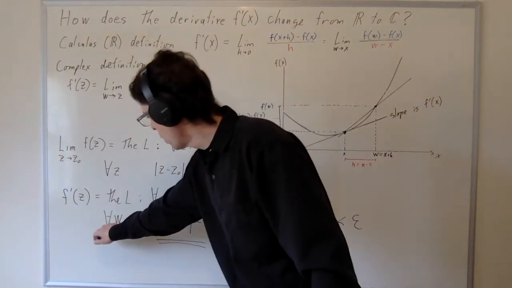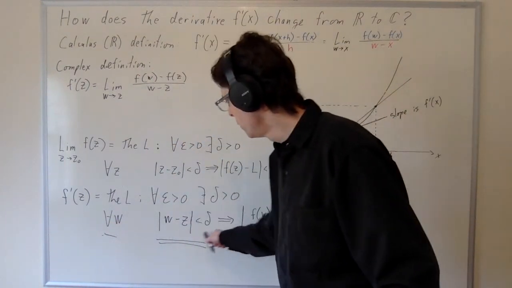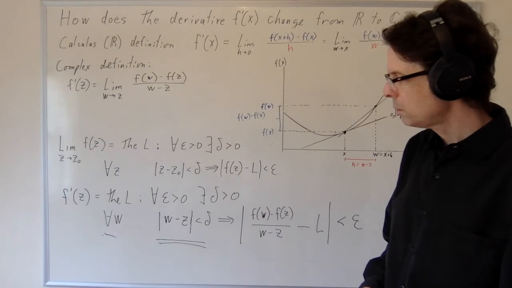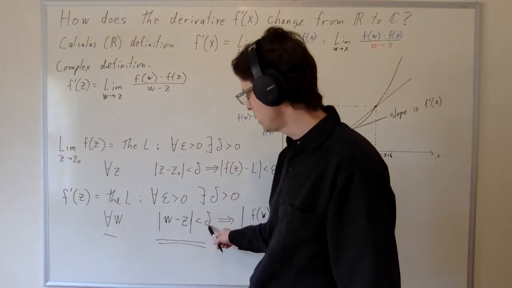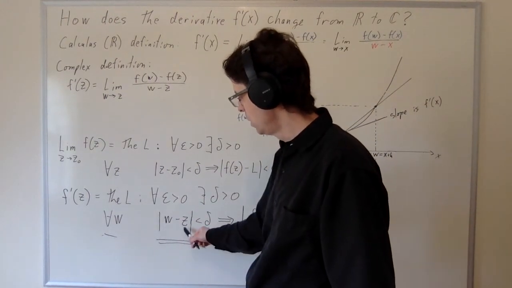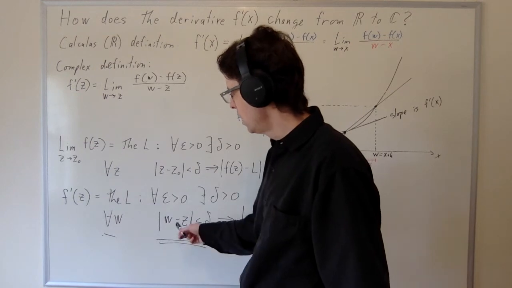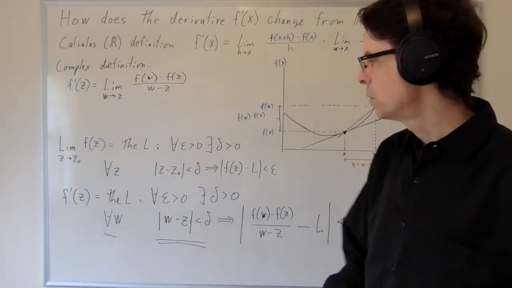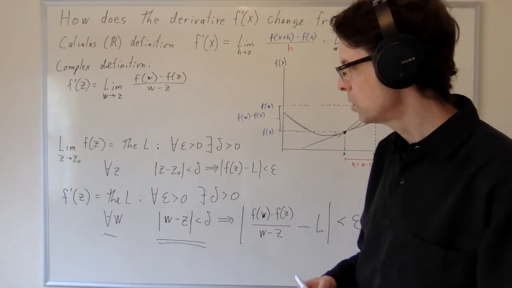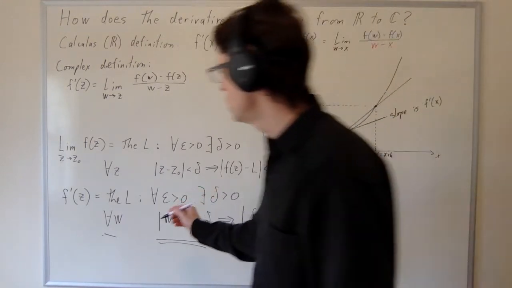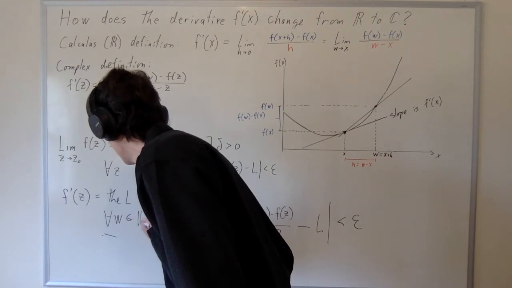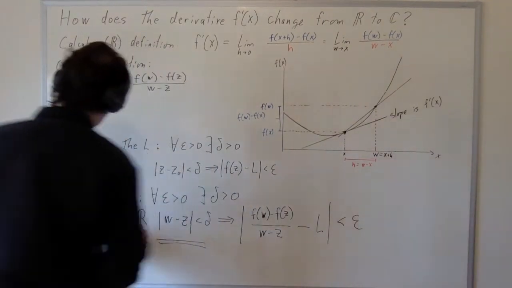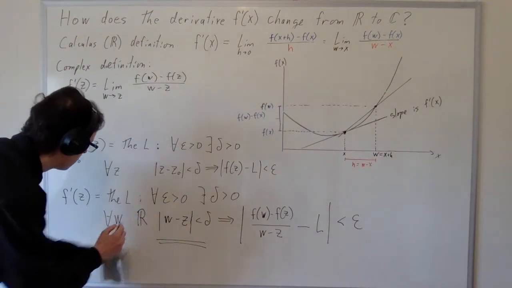So really, this for all W taken together with this precondition means for all the W's that are within a distance of delta from the noted value z here. But that still is a different condition over the complex numbers compared to the real numbers. If this were the real derivative, then this would implicitly be for all W in the set of real numbers.